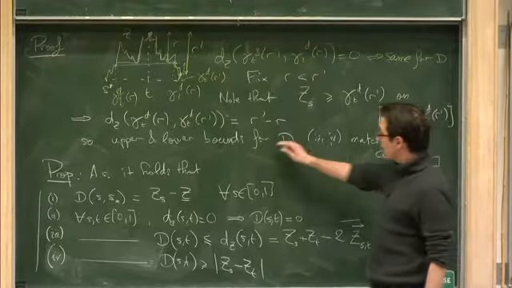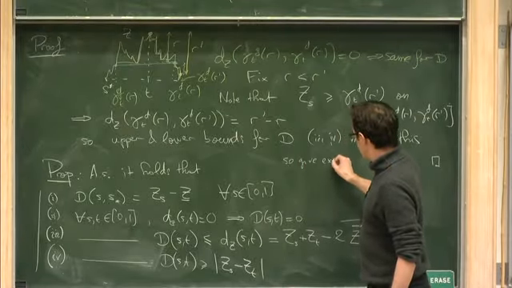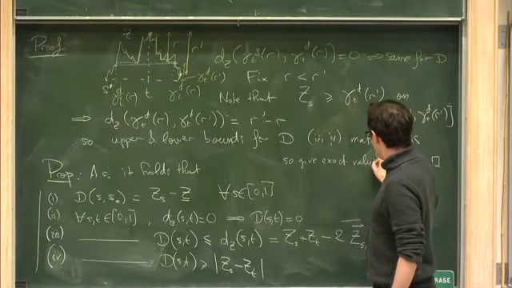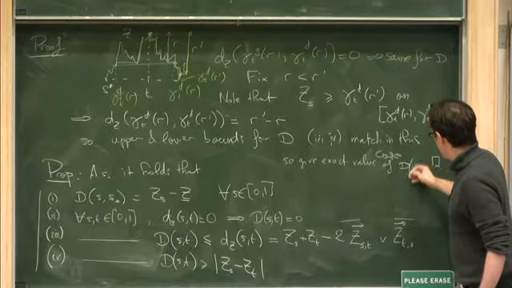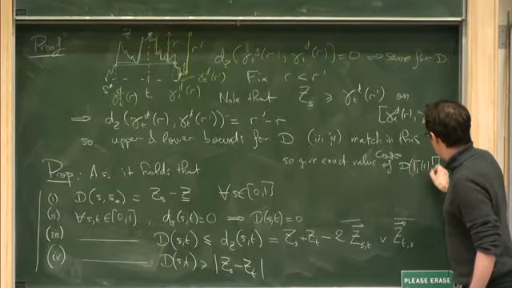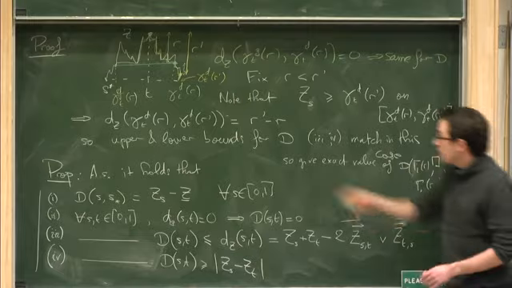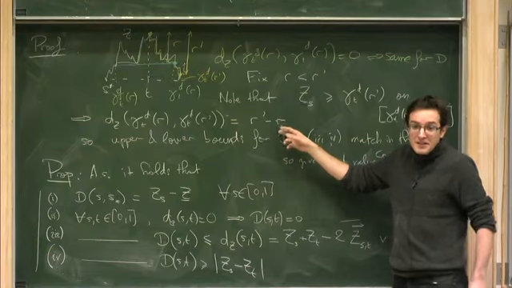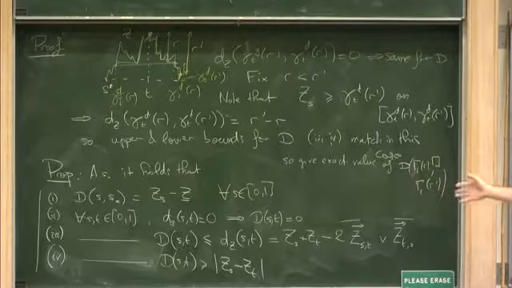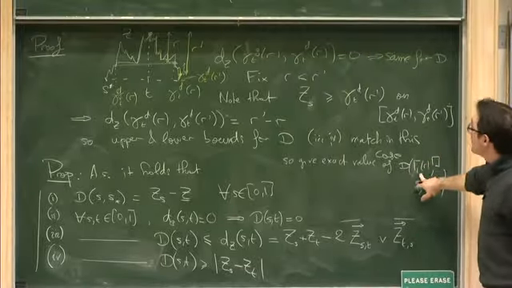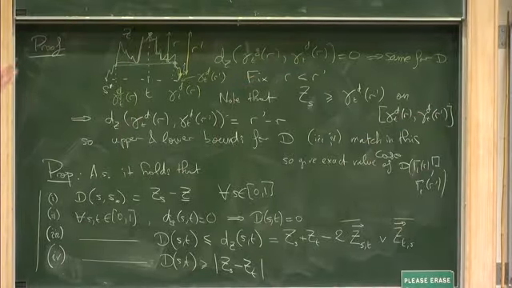They match in this case, so they actually give the exact value of D of gamma t R to gamma t R prime, and this value is given by the Euclidean distance between R and R prime. So that exactly tells you that gamma t realizes an isometric embedding of this interval into S.